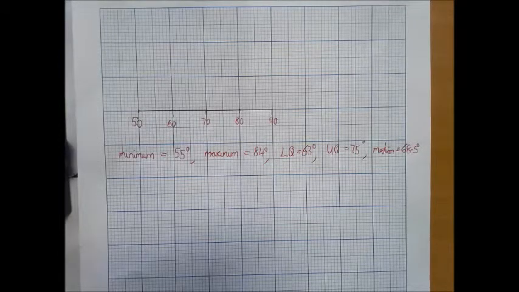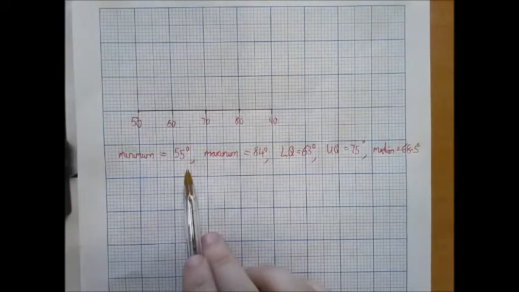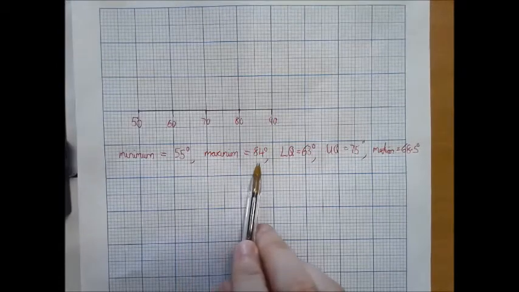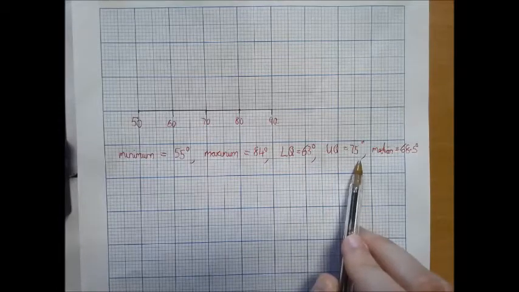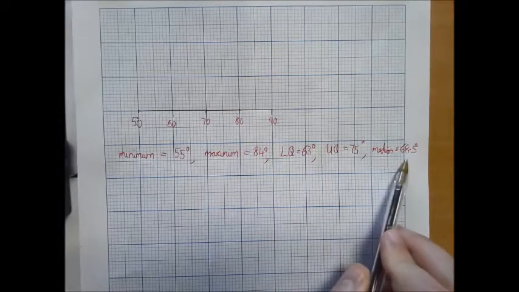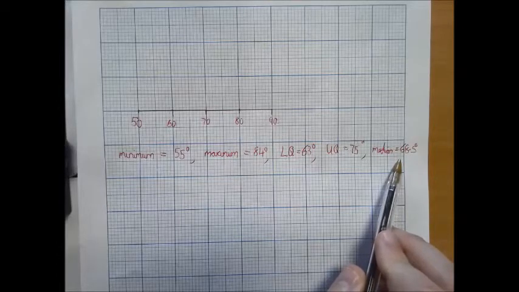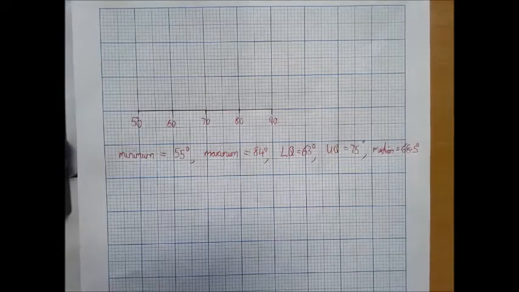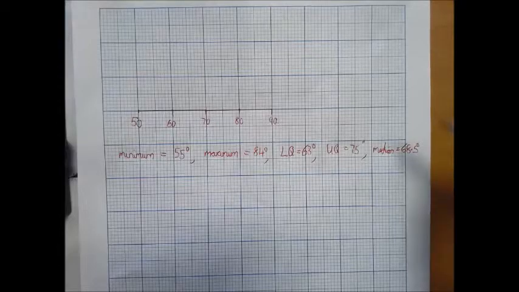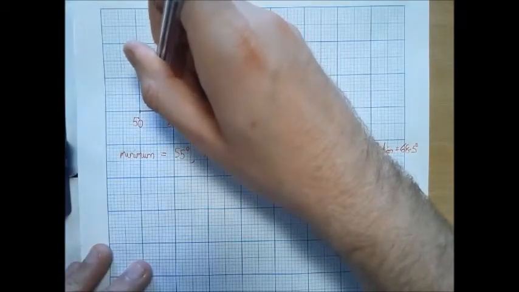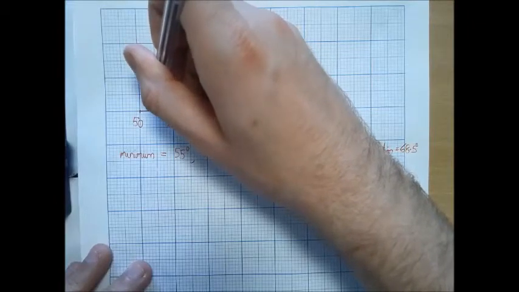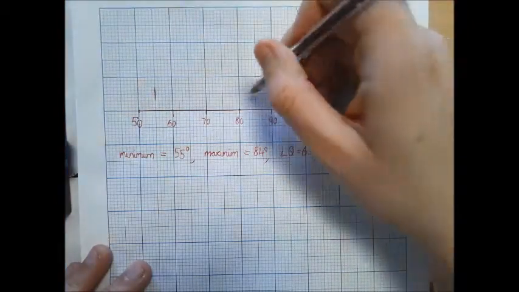Part E continues. We're asked to draw a box plot to represent this data. So we know the minimum is 55, maximum 84 as given in the question, lower quartile 63 as we worked out, upper quartile 75 which is given in the question, and of course we worked out the median in part C which was 68.5. So all we need to do now is just plot these on the graph. So our minimum is 55. Our maximum is 84.